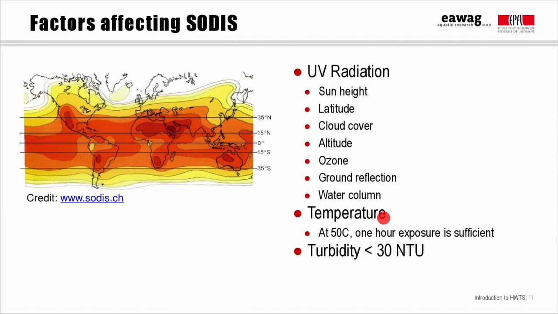When the water temperature reaches 50 degrees or so, there's a synergy, and only about 1 hour of UV exposure is needed. However, turbidity can negatively impact SODIS, and if the turbidity is higher than about 30 NTU, it's advised to pre-treat the water with filtration or perhaps coagulation and sedimentation.